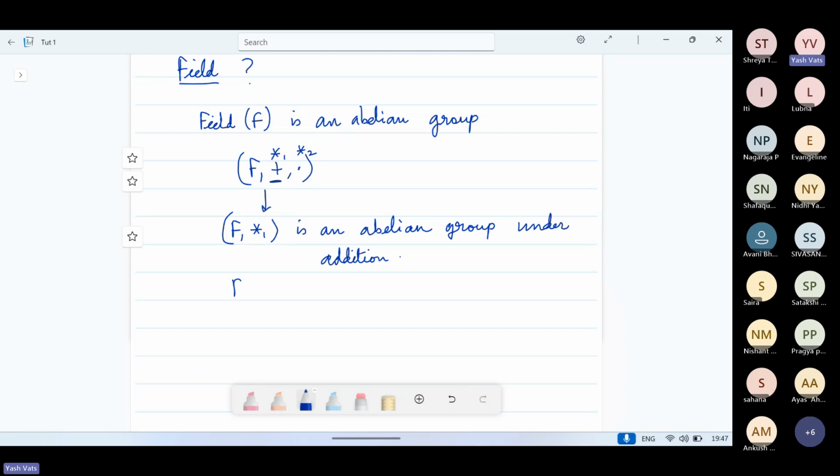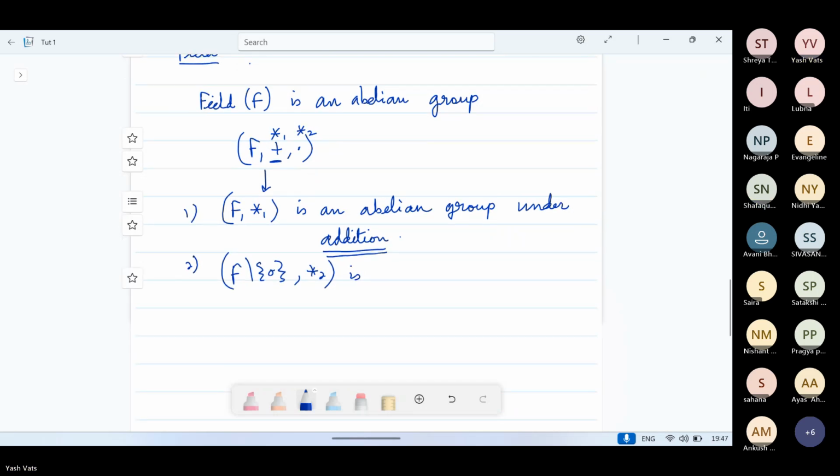And F with star 2: in the additive group, the identity is 0, so you remove the identity and take the operation star 2, then it forms a multiplicative group.